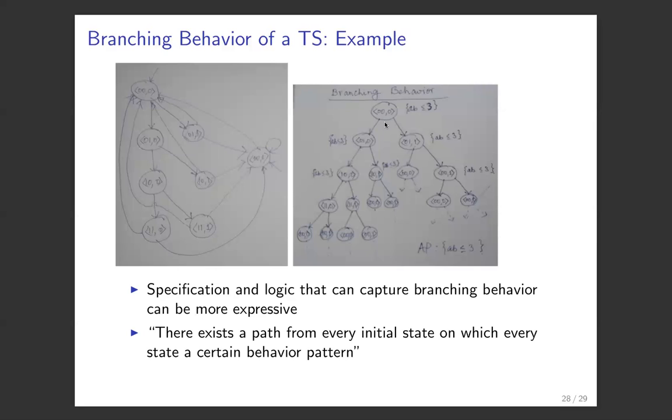If from every behavior, what you just now said is a bit stronger specification, that AB equal to 0,0 happens infinitely often in every branching behavior.